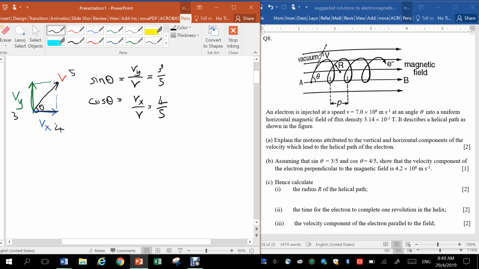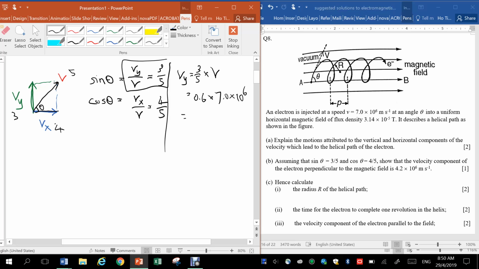So, we want the vertical component, which is Vy. Using this, we can say that Vy is 3 over 5 times V, and this gives us 0.6. V value is 7.0 times 10 to the power 6.